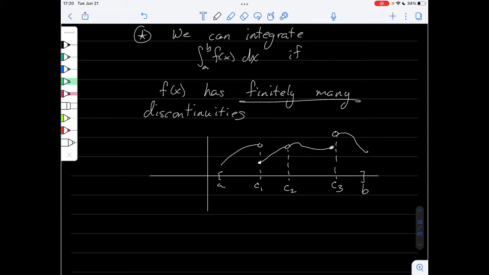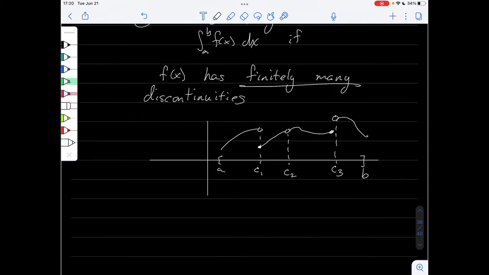And it has finitely many discontinuities, so we can break it up over these discontinuities and actually figure out what the integral is. So in this particular case, the integral from a to b of f of x dx, we know from last time that the area of the whole is equal to the sum of the area of its parts.